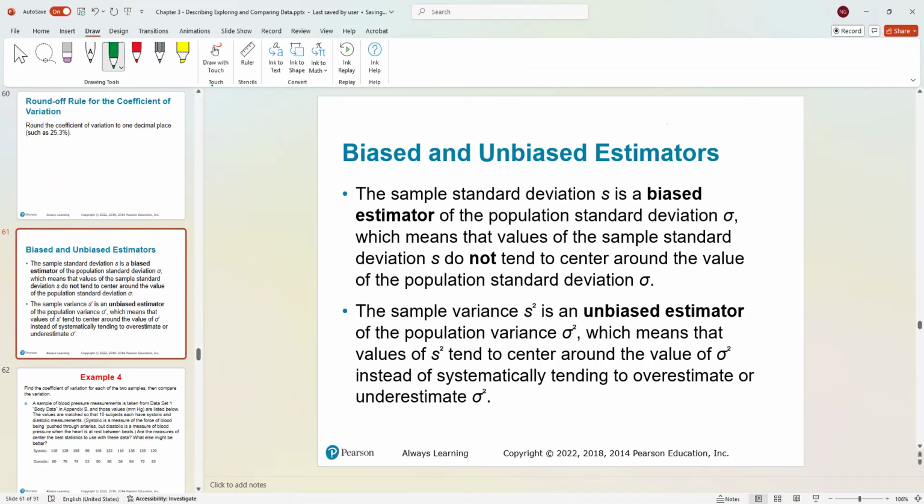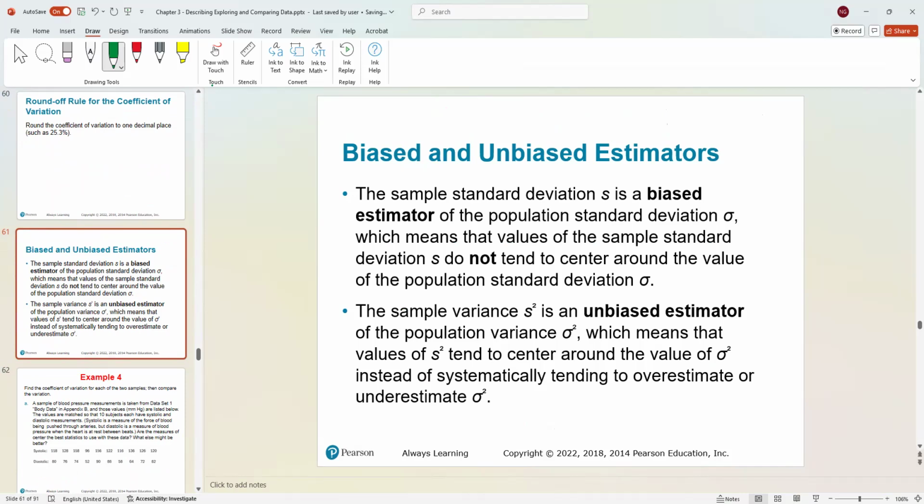The sample standard deviation S is a biased estimator of the population standard deviation sigma, which means that values of the sample standard deviation S do not tend to center around the value of the population standard deviation.